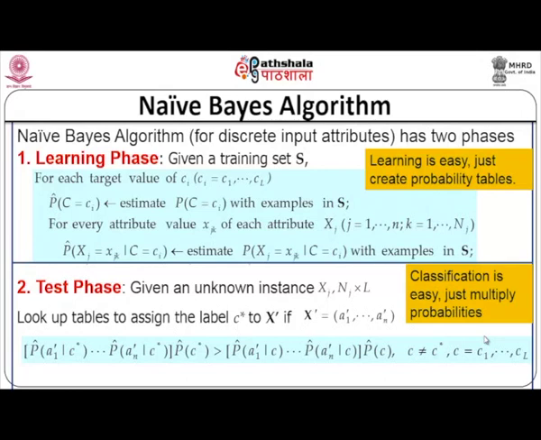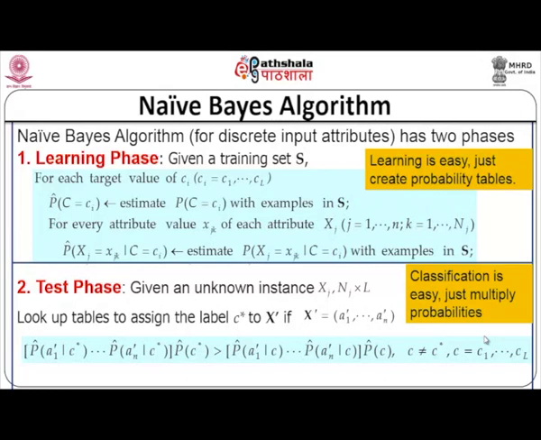Then for every attribute value, for each attribute up to n and each of the k classes, you find the likelihood: the probability of that particular attribute for class 1, for class 2, and so on, for each and every attribute and every class.